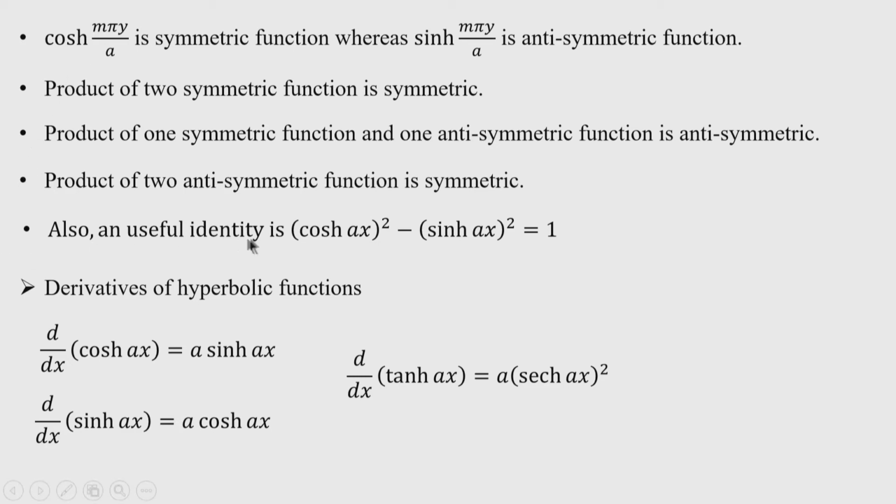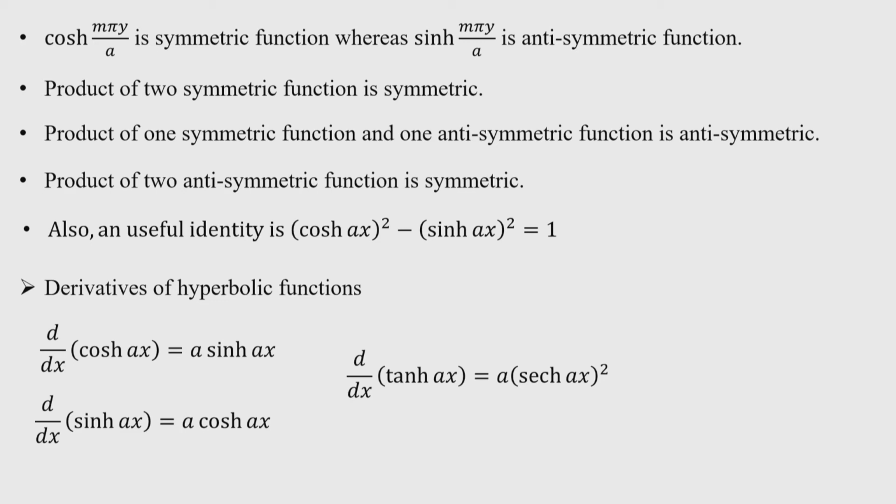Then a useful identity for simplifying the solution is cosh squared(ax) minus sinh squared(ax) equals 1. There is a difference from trigonometric functions: for an angle theta, cos squared theta plus sin squared theta equals 1, but here cosh squared(ax) minus sinh squared(ax) equals 1.